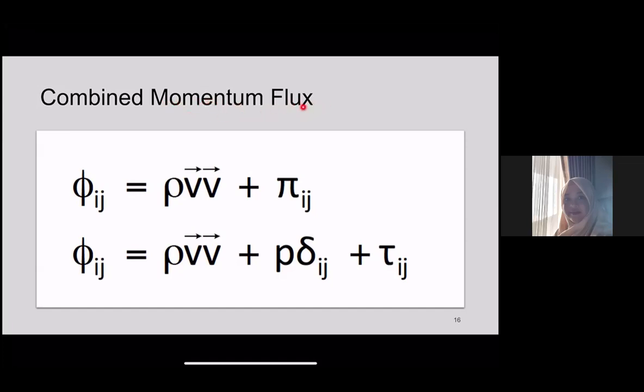We can simplify and call it the combined momentum flux, psi j. This one is contributed by the velocity, the convective part.